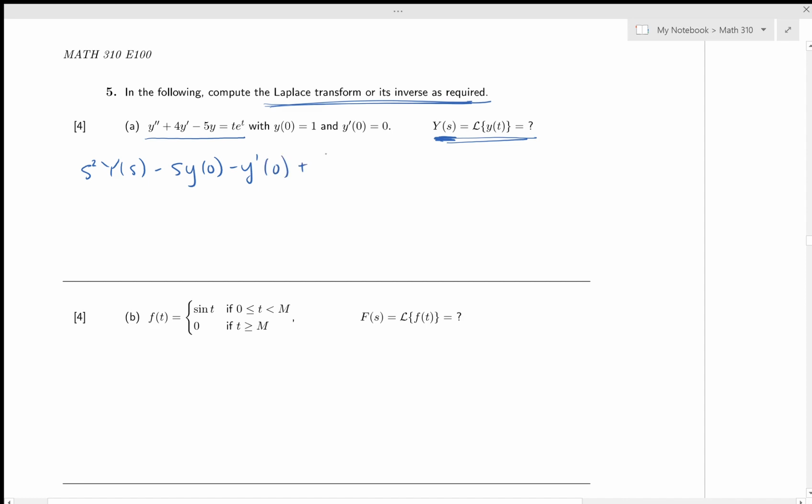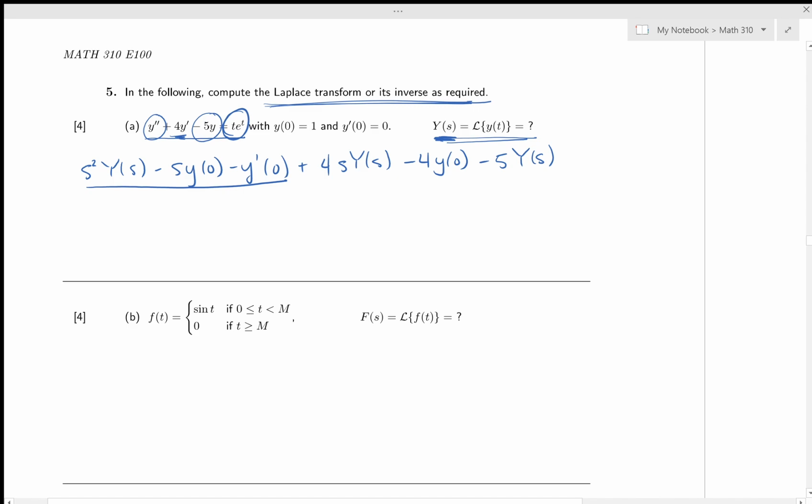Okay, and then I'm here for s y of s. So this piece right here, that is the Laplace transform of y double prime. Now I'm doing 4 times the Laplace transform of y prime, and then I'm doing the Laplace transform here, which is that thing there.